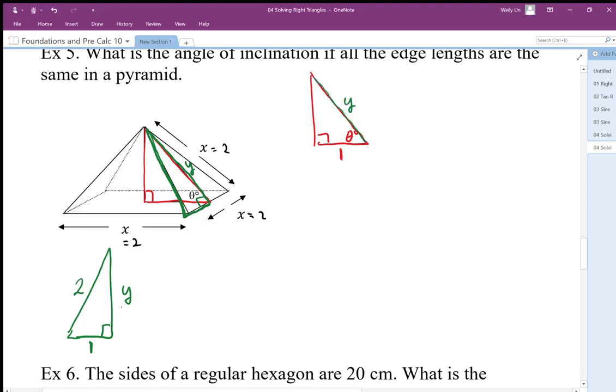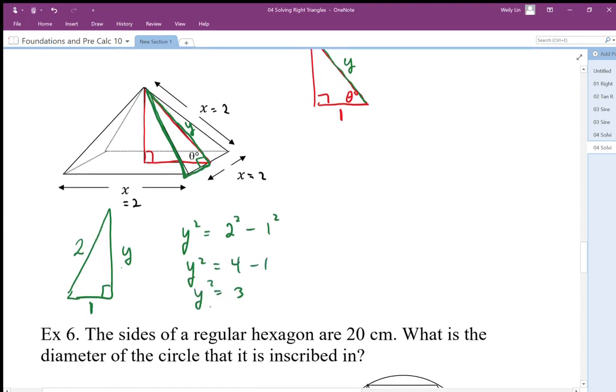So y squared is equal to the long side squared minus the shorter side squared. I get 4 minus 1 is 3, so y squared is equal to 3. Solving for y, I get plus or minus square root 3, and I'm just going to use the root 3 because we just need a length.